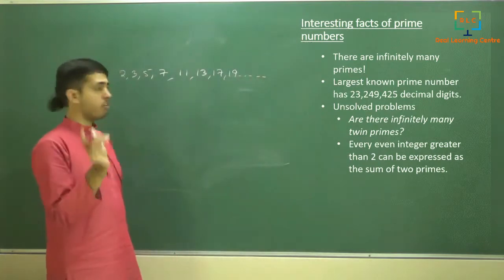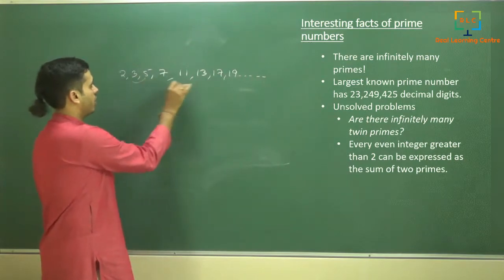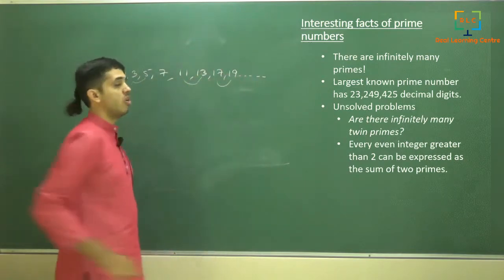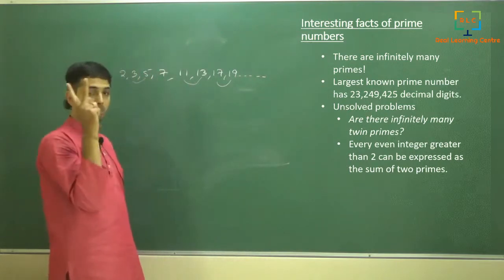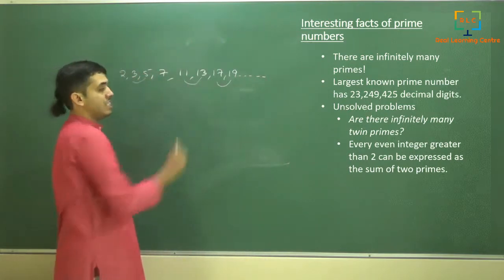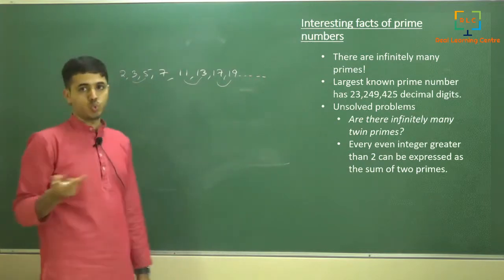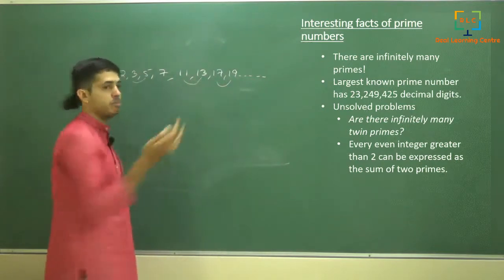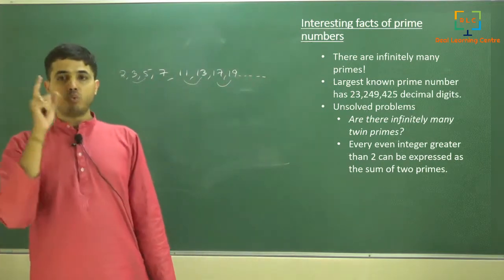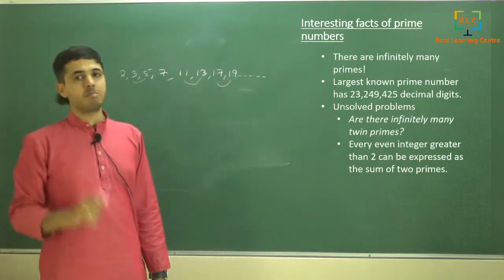A twin prime is a set of prime numbers. You can see, for example, these two, or even these two. Two prime numbers such that there is only one even number between them. I mean, the difference between them is 2. 5 minus 3 is 2, 13 minus 11 is 2, 19 minus 17 is 2, and there is only one even number between them. Such prime numbers are called twin prime numbers.